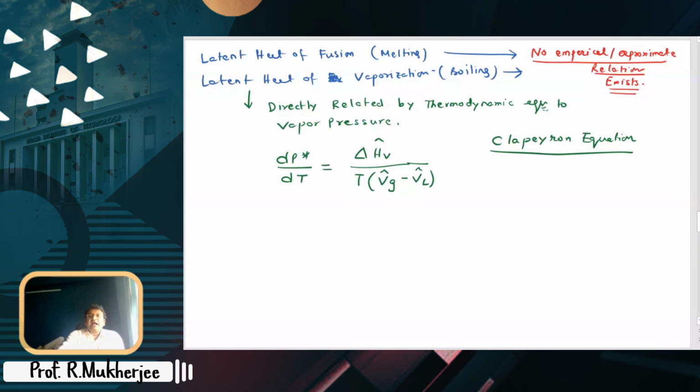Before that, so what you actually have, any idea what is the left hand side of, okay, let me write down what are the stuff here. P star is the vapor pressure. T is the temperature, of course. Delta HV is the molar latent heat of vaporization.